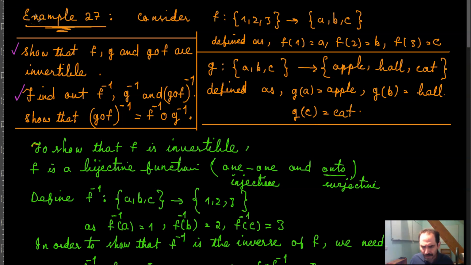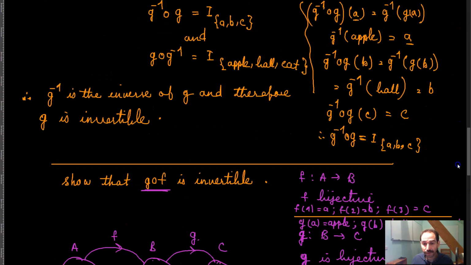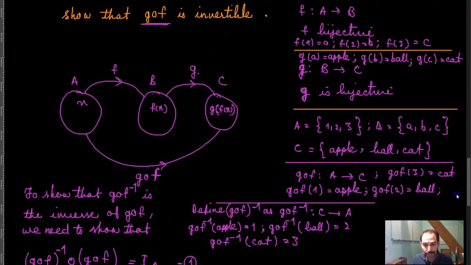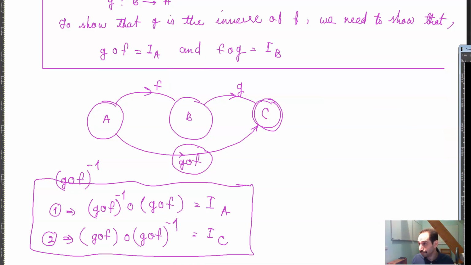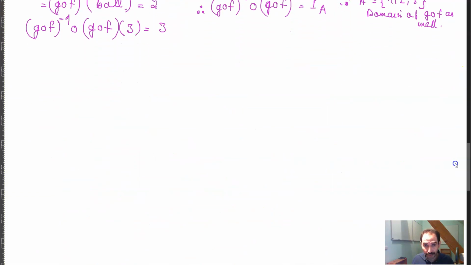Okay, so the next thing that we want to show here is that (g∘f) inverse is the same thing as f inverse composed with g inverse, right? And I think we can use the information that we have here. Hopefully take a screenshot here. And now we can work with that.